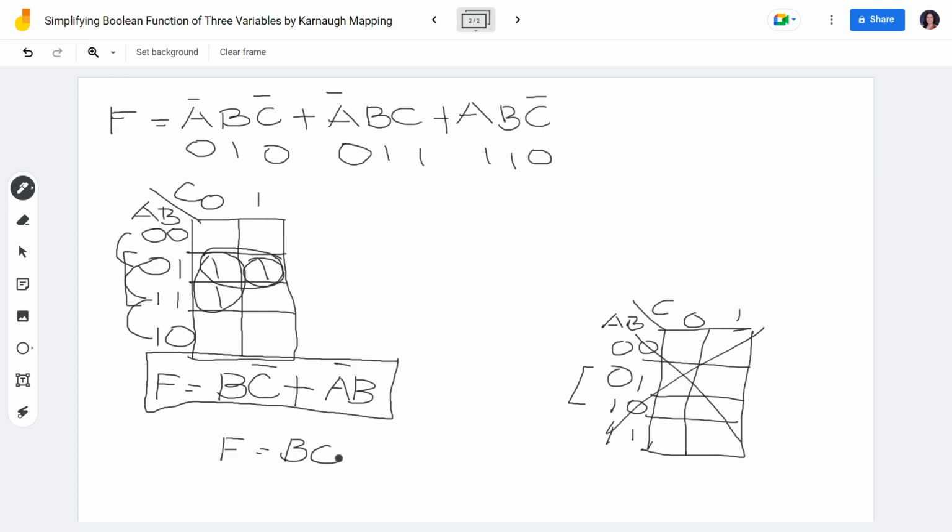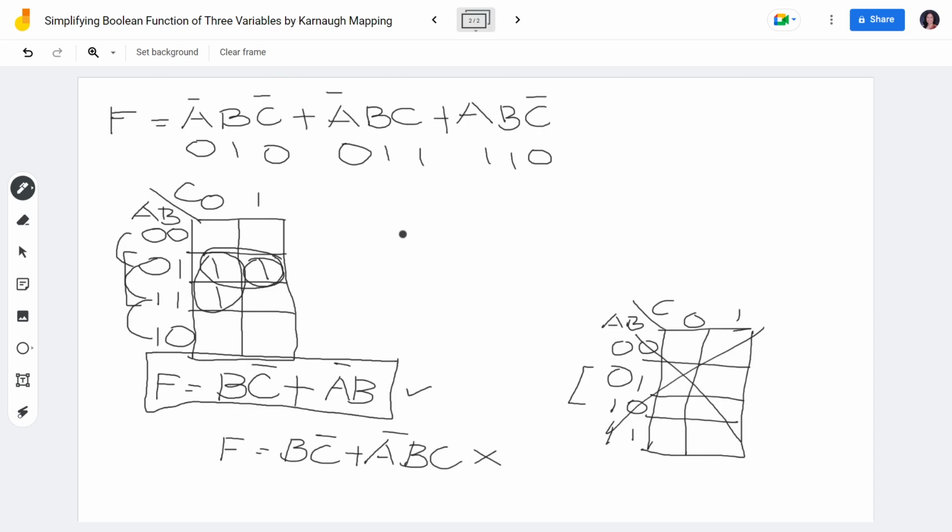So B and not C, then we have, since this is only one, we have not A, B, and then C. As you can see, it has one more variable, which is not simplified. So if you can group it in bigger groups of a power of two, the better. So this is actually the answer and not this one.